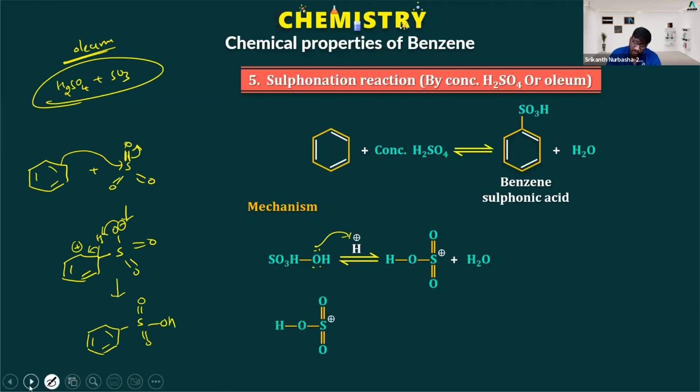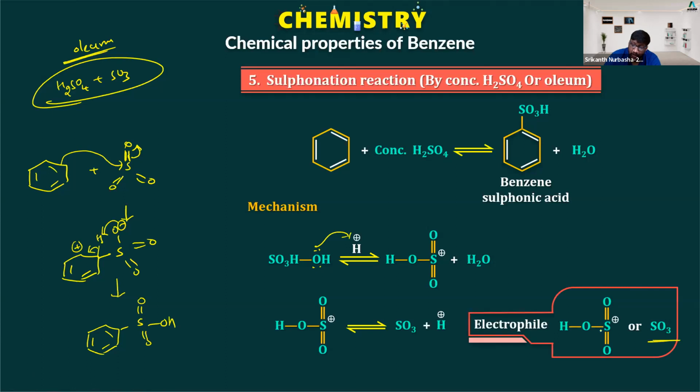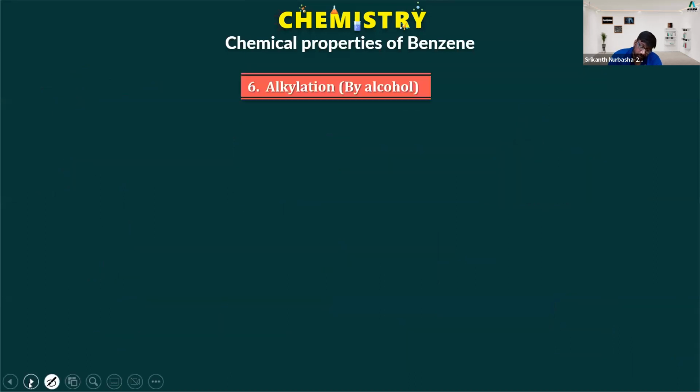That will now convert into SO3 plus H plus ion. So the electrophile here is going to be SO3, or SO3H with a positive charge on sulfur. Both are the same. Right, students? You can understand the mechanism in this fashion.